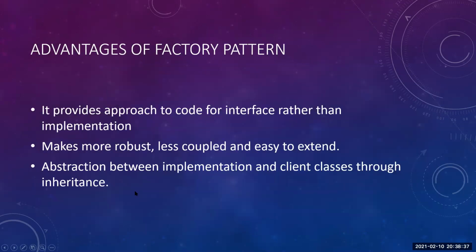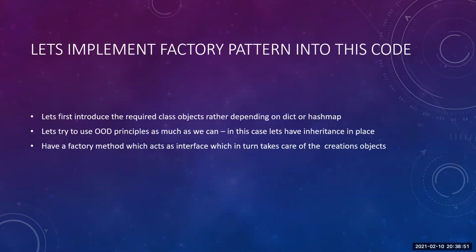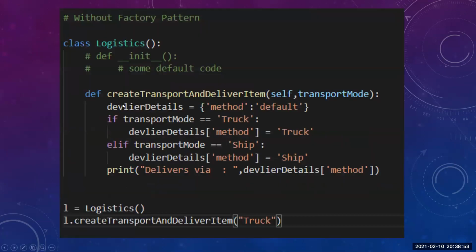So let's have a quick glance at the advantages of the factory pattern. The very first advantage is it provides an approach to code for the interface rather than the implementation. Let me go back to this part. Here you have delivery details, which is a dictionary which you are changing in every if else clause.